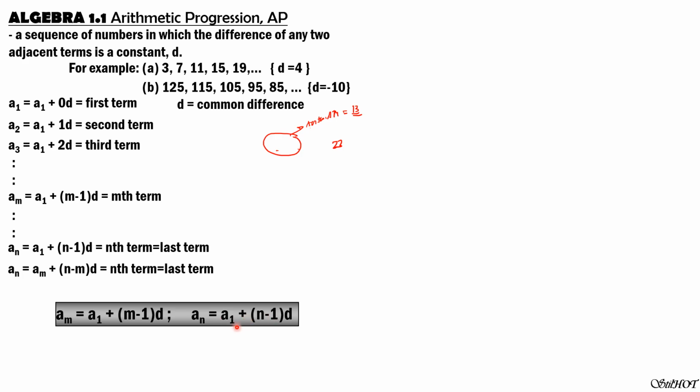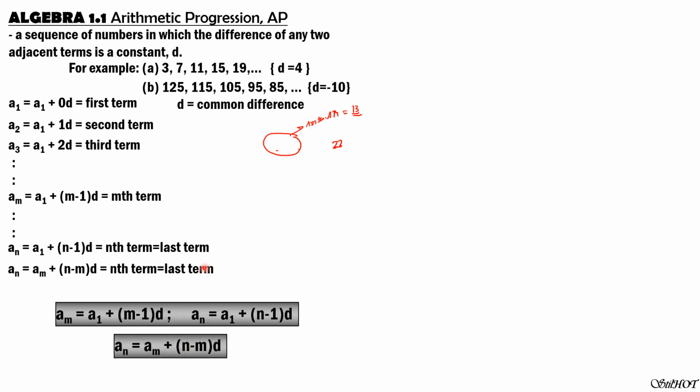It's obvious by replacing the value here by just 1. So last term is first term plus quantity n minus 1 times d, or the last term is any intermediate term plus the quantity n minus m times d.